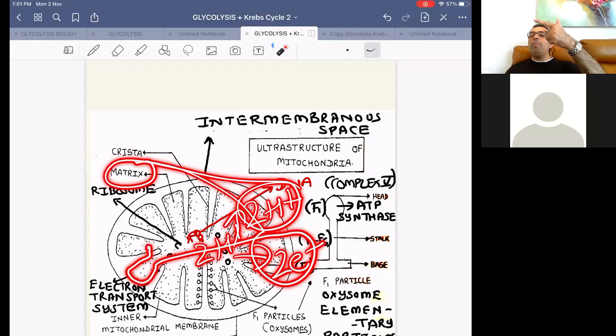NAD, FMN, coenzyme Q. Where were they all found? In the matrix. Electron acceptors are electron accepting molecules found on the inner mitochondrial membranes.